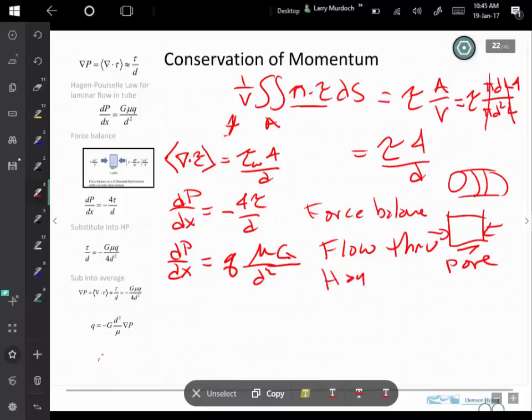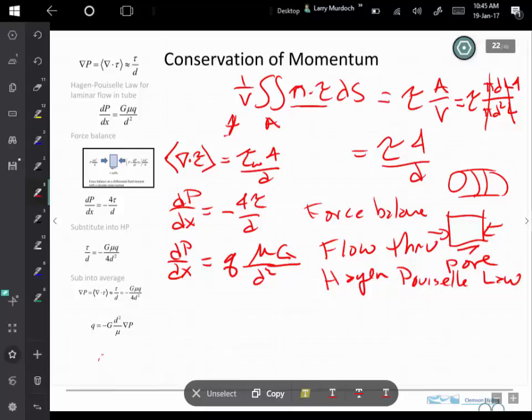And this is something you can look up. It's called Hagen Poiseuille Law. Okay? So we've got three things.